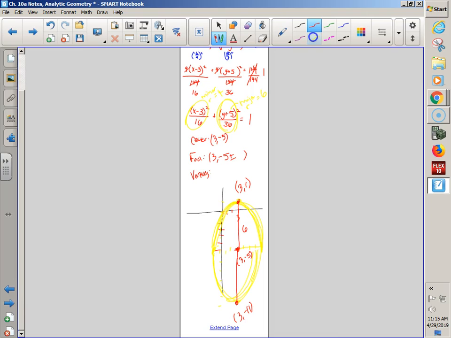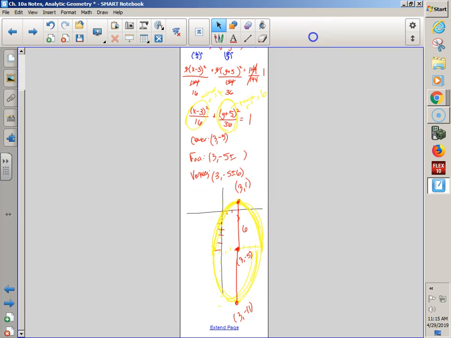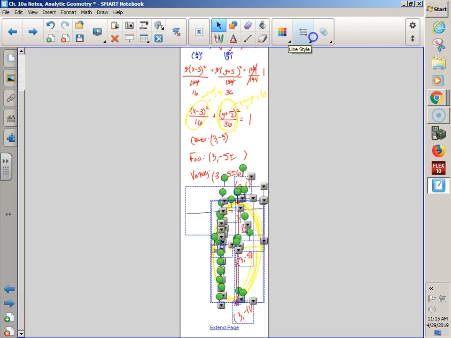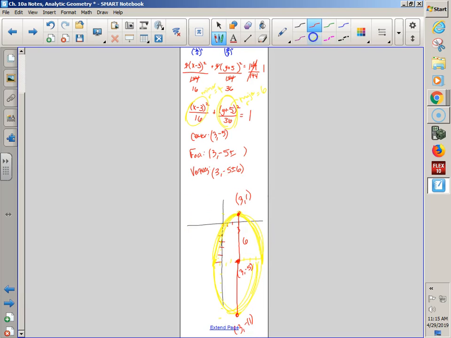My foci isn't adding a radius, it's adding C. We'll come back to that. My vertices, though, are adding the major radius, which gets us to 3, 1, and 3, negative 11.